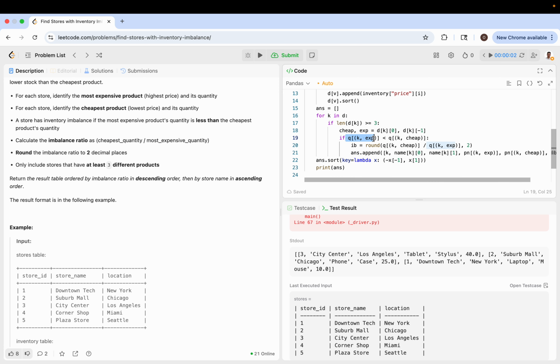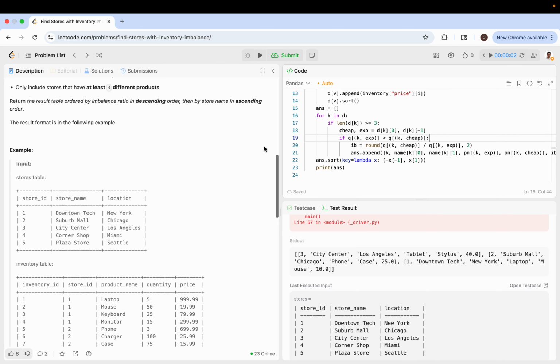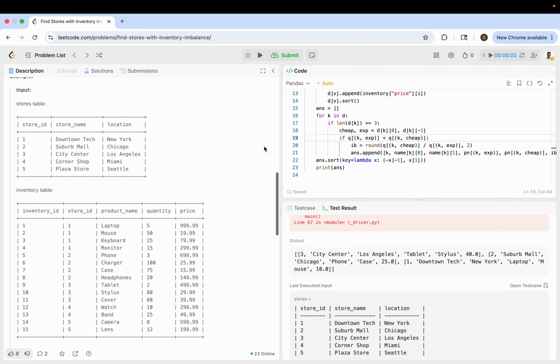Expensive quantity is less than cheap quantity. At least 3, yep. Ordered by imbalance ratio in descending order. Yep. Store name in descending order.